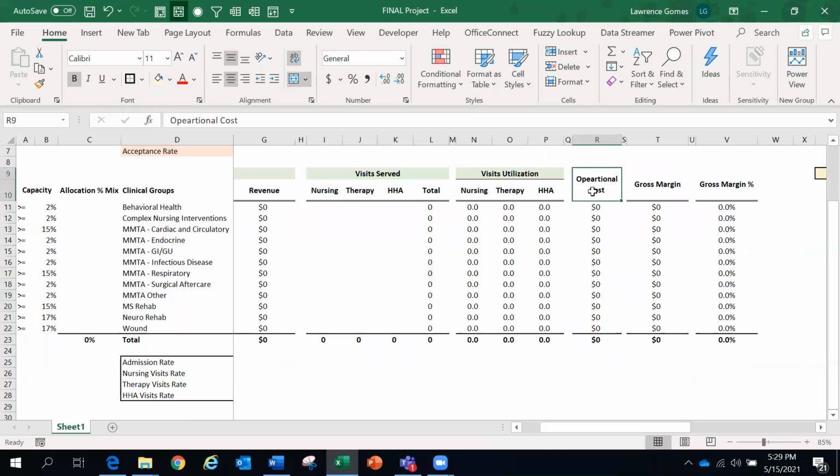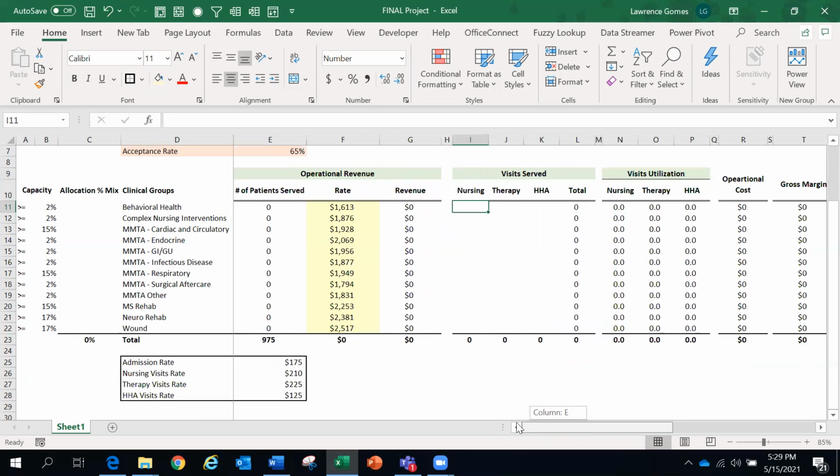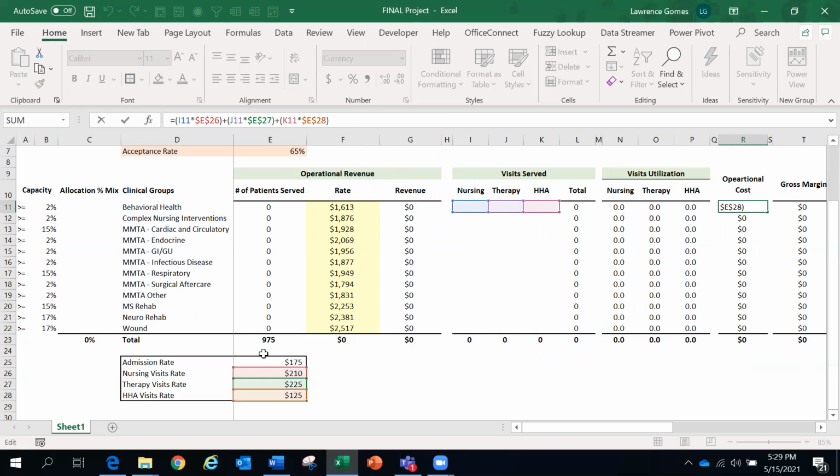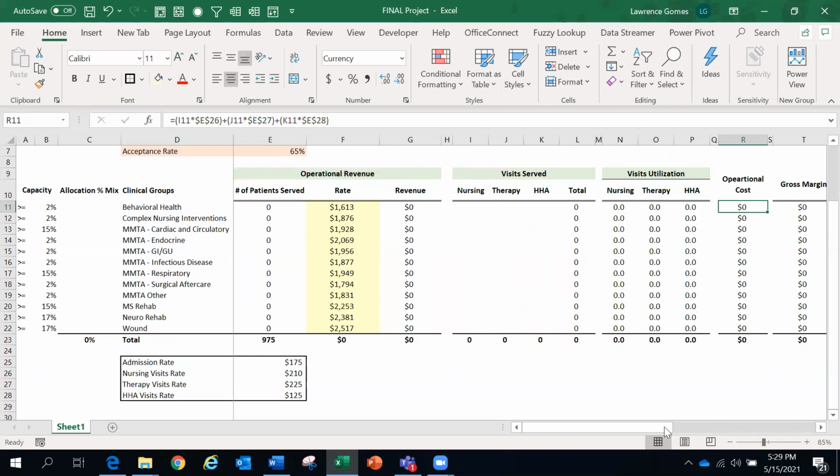So the operating cost is, for each visit, a nurse receives $210, therapies receive $225, and home health aid clinicians receive $125. Operating cost is multiplying the visits times the rate for each of the clinicians. So this is my operating cost.